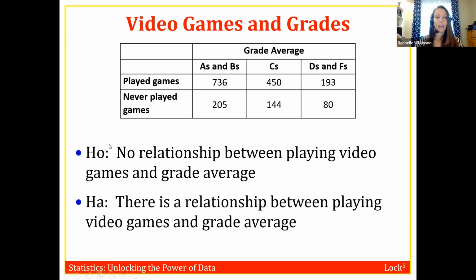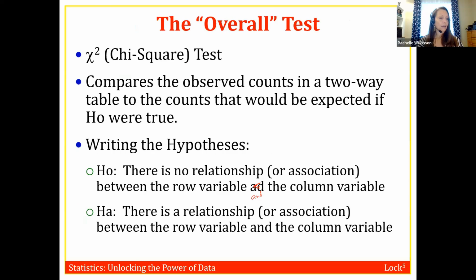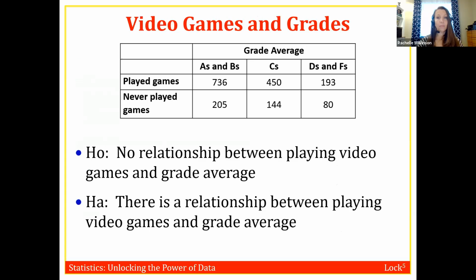Same thing with the hypotheses. On the front side, where it talks about the hypotheses for the overall chi-square test, you want to write down this general format here. But then on the actual example for the video game data, you want to write down this one.